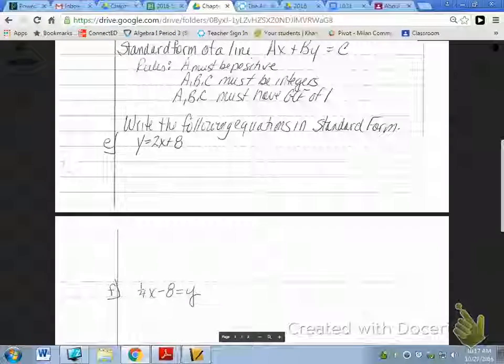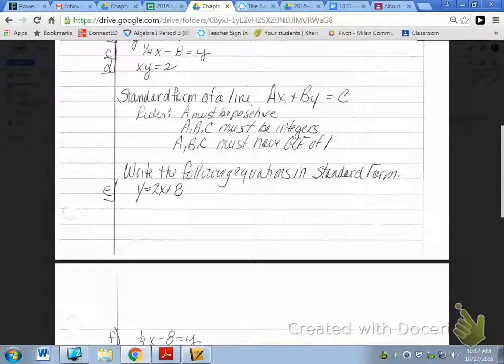Standard form of a line: Ax plus By equals C. That form should become very familiar to you. The thing is, A, B, and C are numbers. X and Y stay X and Y.